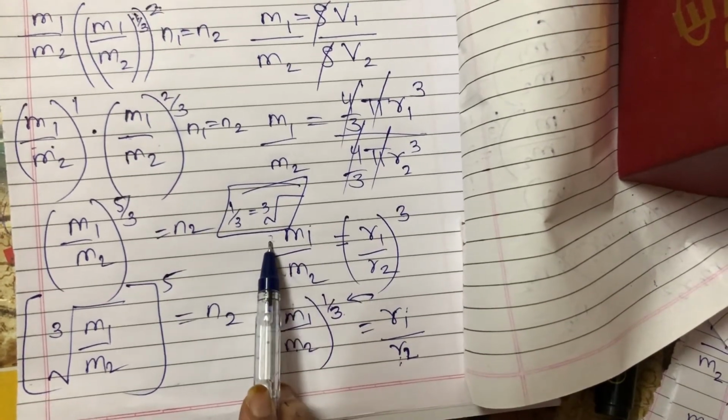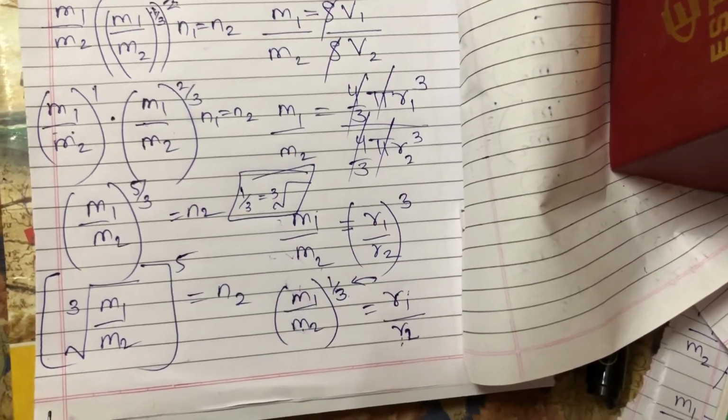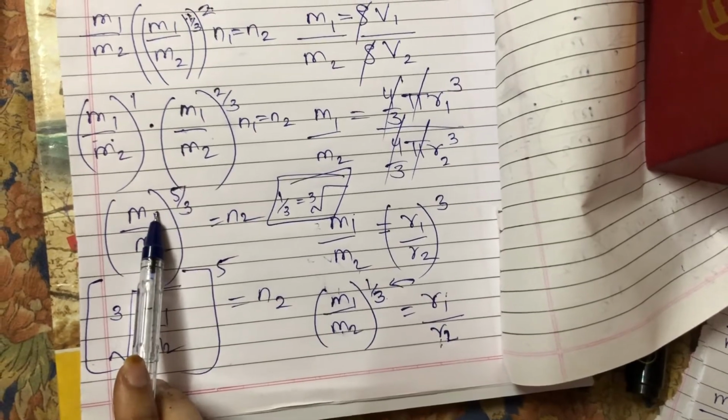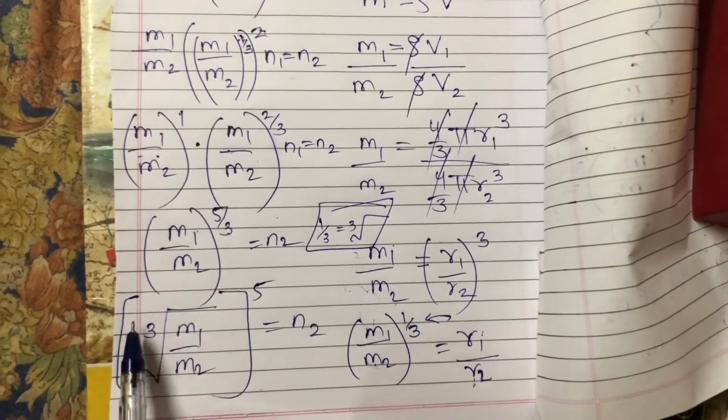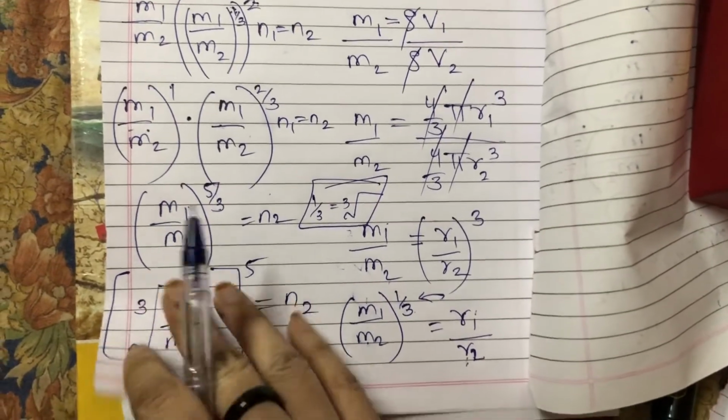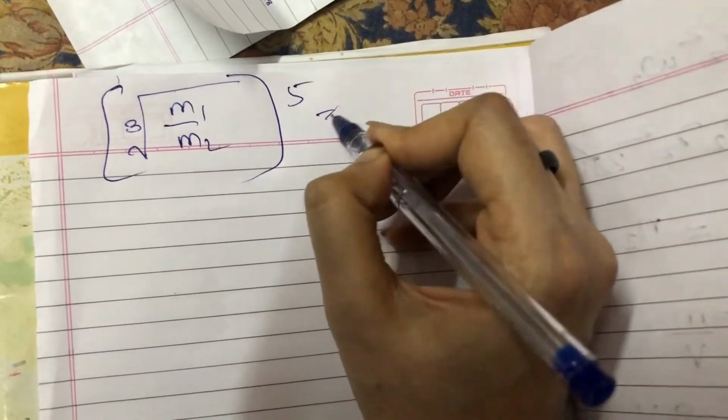So instead of writing cube root, I am writing it as 1 upon 3. I have removed this 1 upon 3 and left 5 outside, and instead of writing 1 upon 3, I am writing it in terms of cube root. Now, cube root of m1 upon m2 raised to 5 is equal to n2.